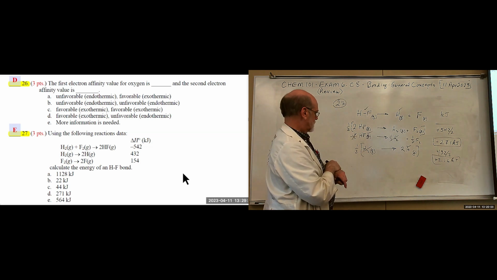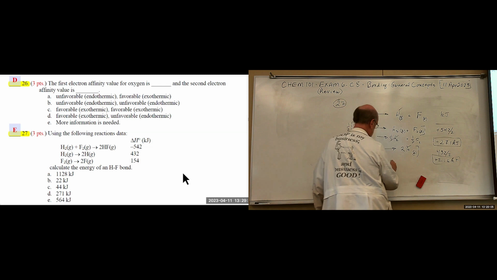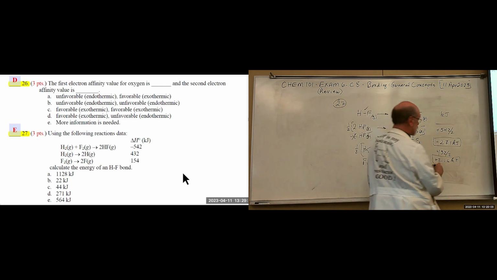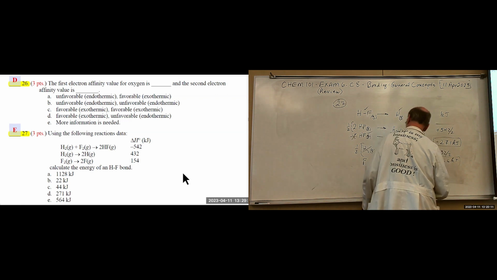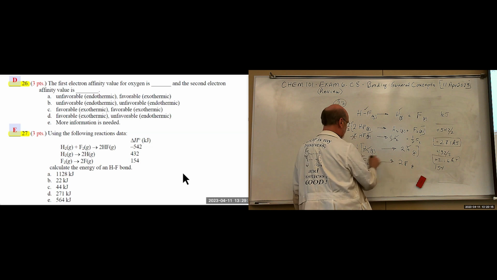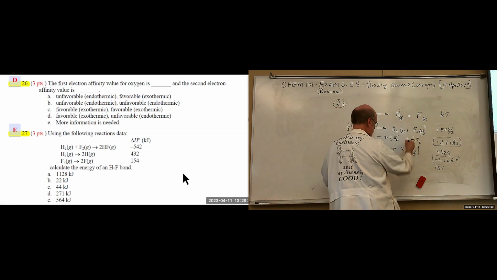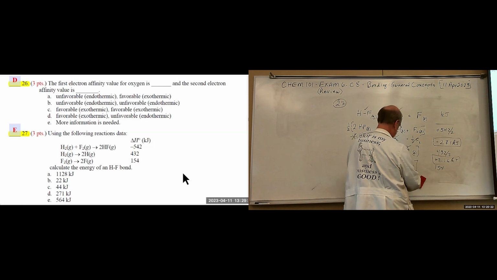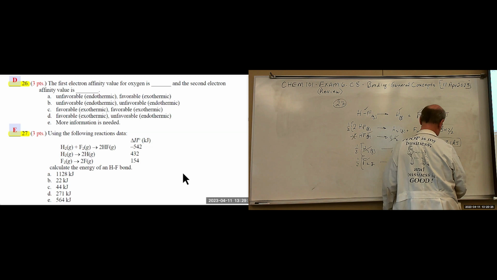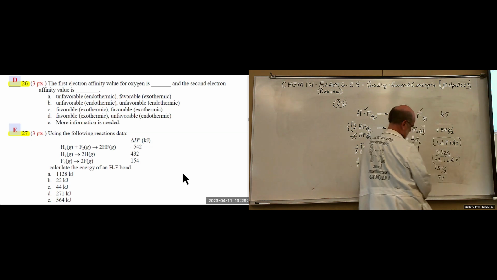Okay? And we do the same thing for fluorine. 2F gas, and its value is 154, but again, we only need half of it. And that half cancels this half and leaves us with one fluorine here and one fluorine there. But half of this is 77.